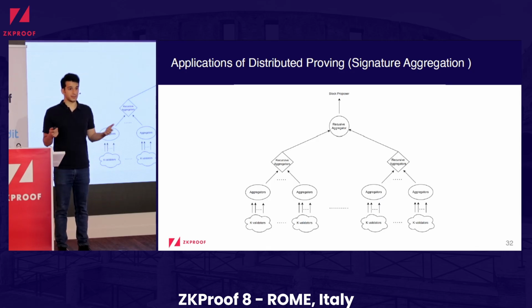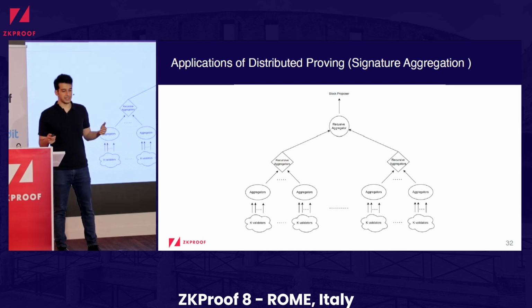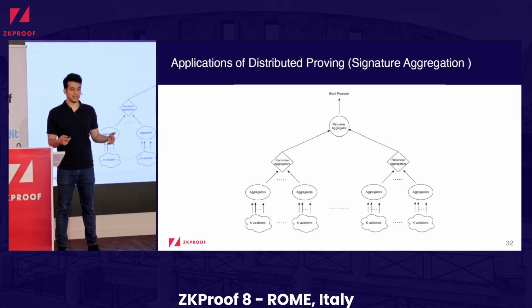As you may see, it's very much like the model of PCD. The way we model it with PCD is that at the leaves we have the signature verification, and then every internal node verifies the computation of its children. We concretely instantiated this for the BLS signature, which is used for Ethereum.